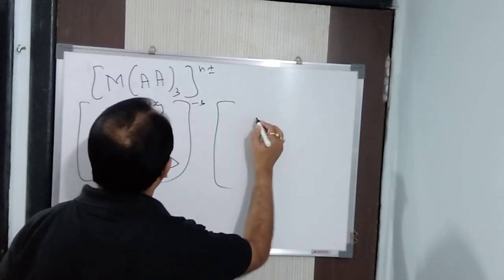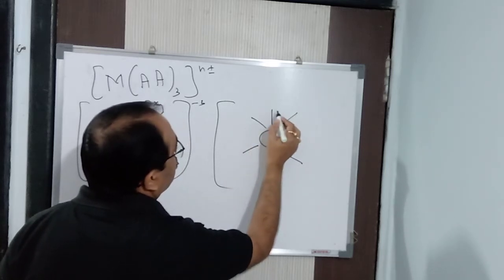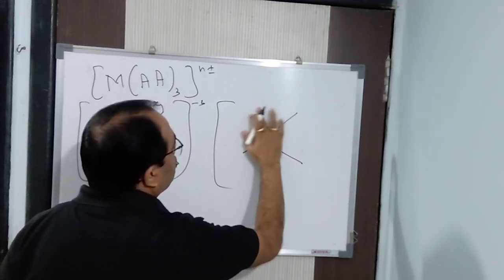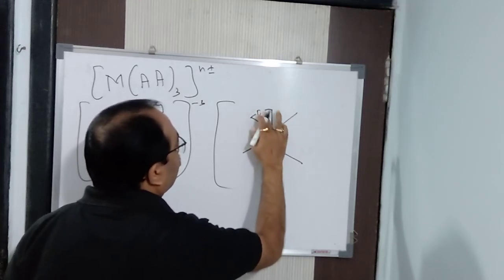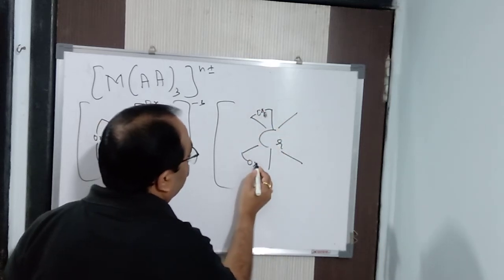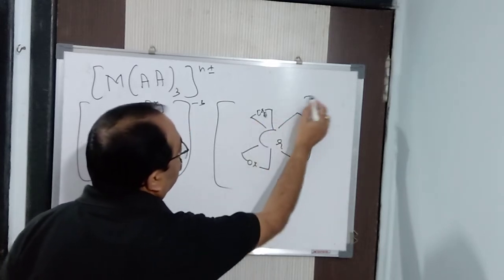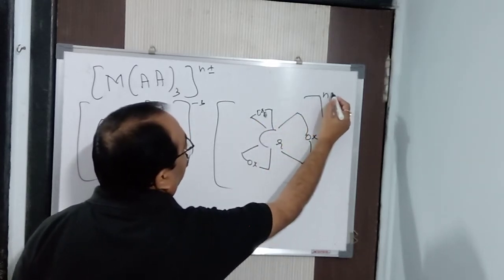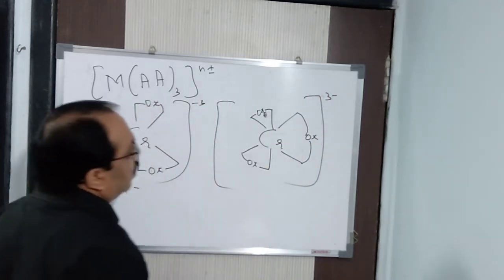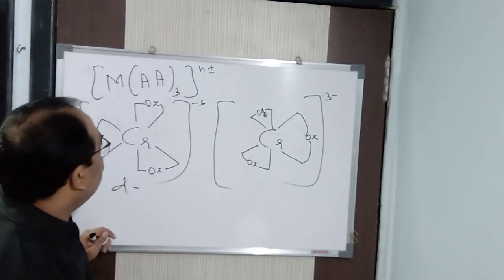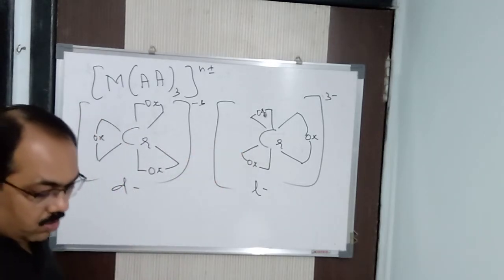But if it is changed, suppose we have ox on the left side and only 1 on the right side, same thing, and instead of n plus or minus we have minus 3, whatever it is, then we can call this one the levo compound. This is dextro and this is levo.